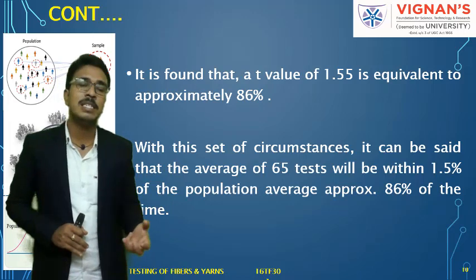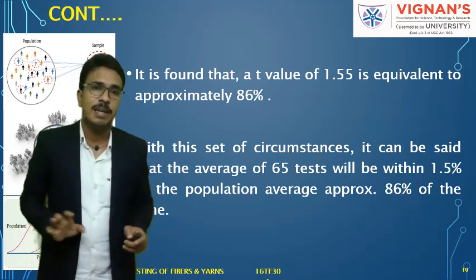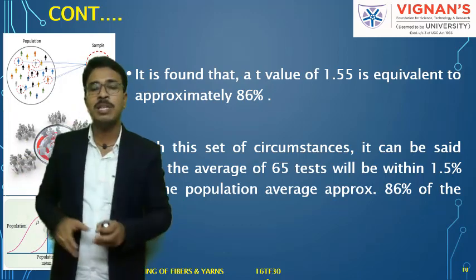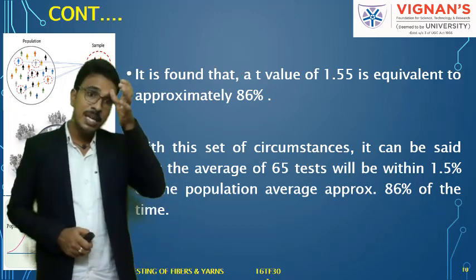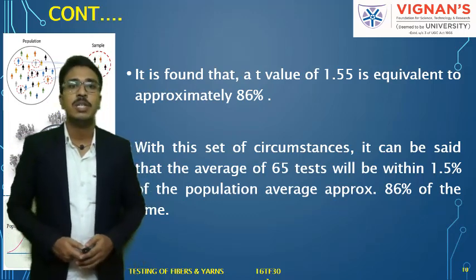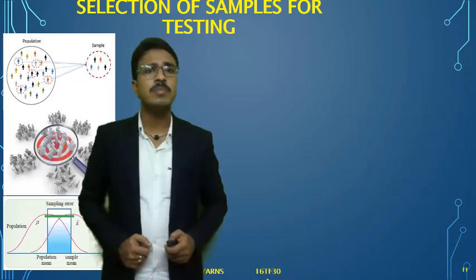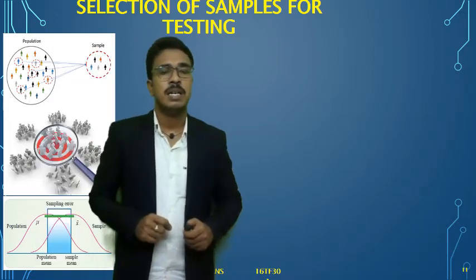Capital E is nothing but the error percentage, that is the allowable error. So by having all this data, we can easily find out the sample size. Okay, so this is about sample size determination. Till now we have discussed this.